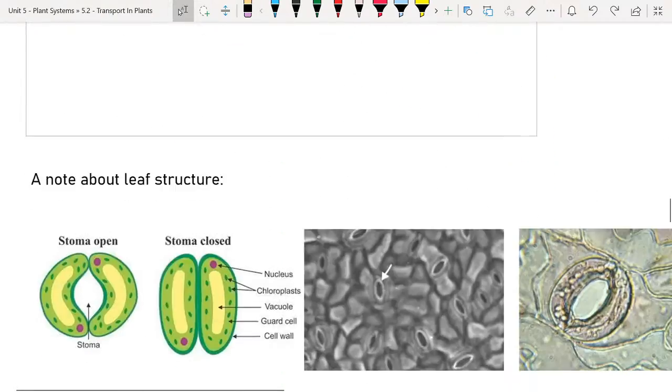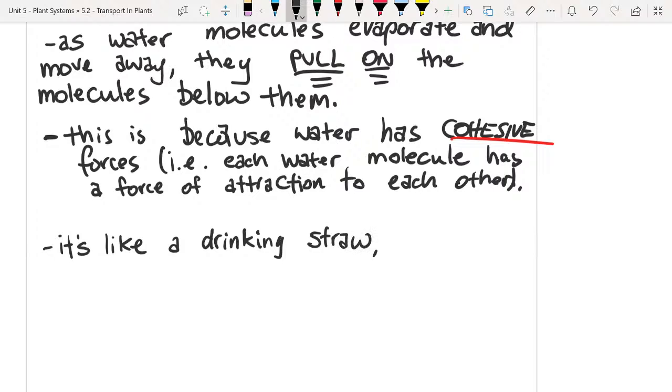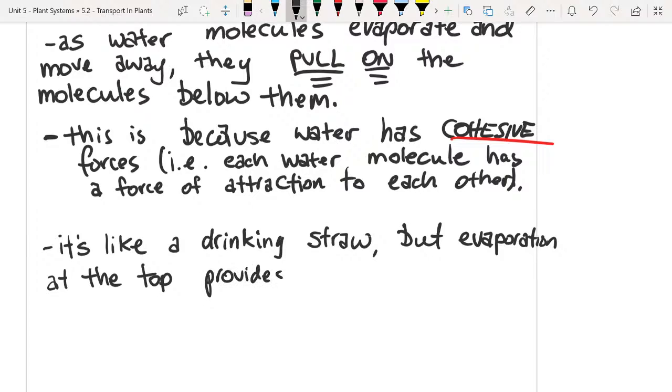So it's like a drinking straw. But evaporation at the top provides the force that draws water up.